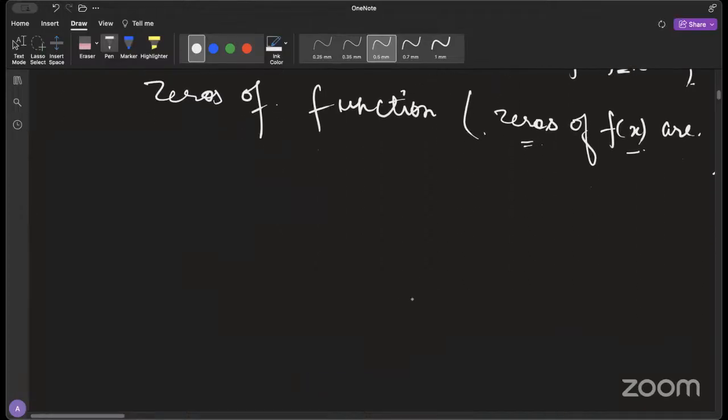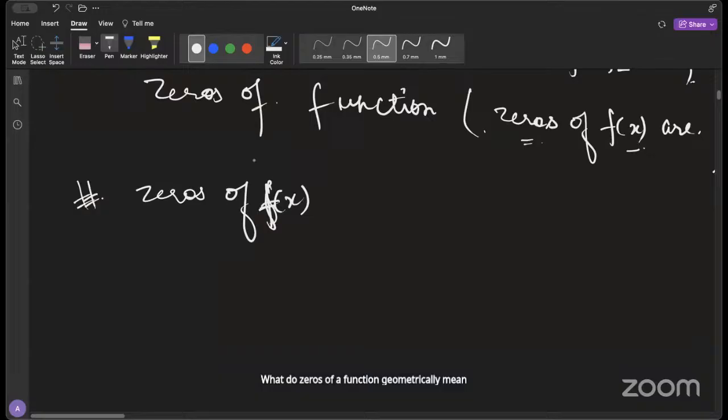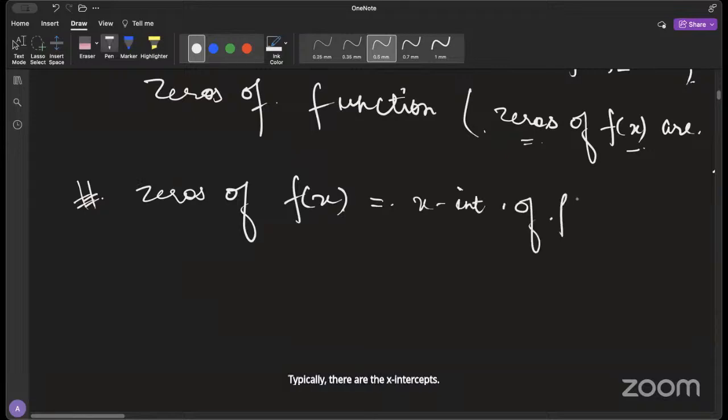Okay. And how do you find the zeros of f(x)? What do zeros of a function geometrically or graphically mean? Graphically, they are the x-intercepts of f(x), right?